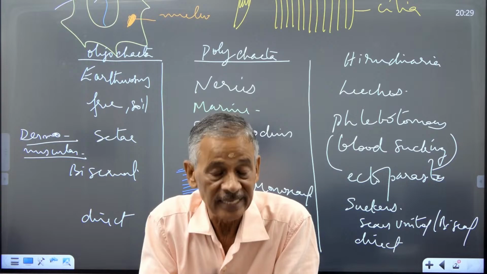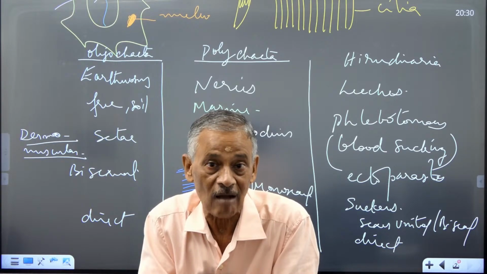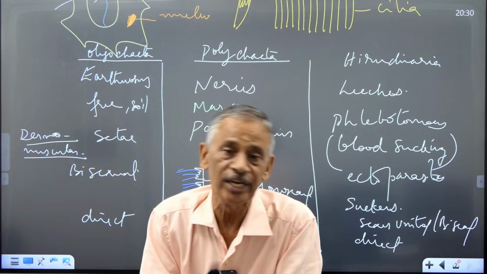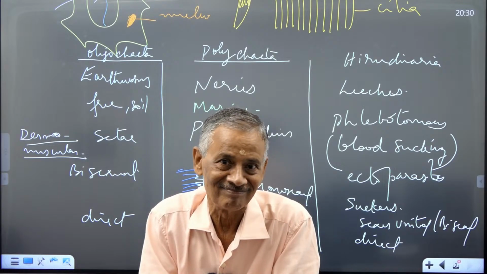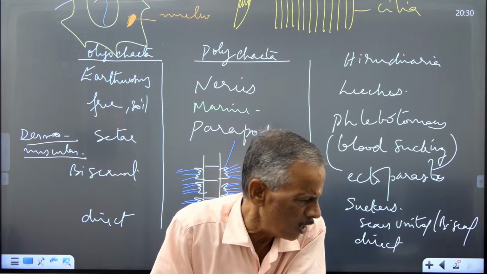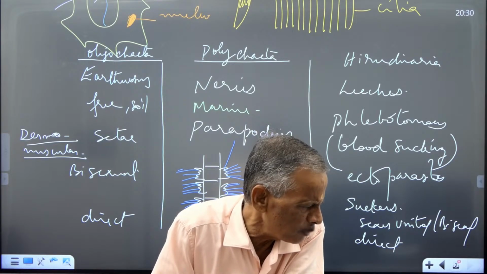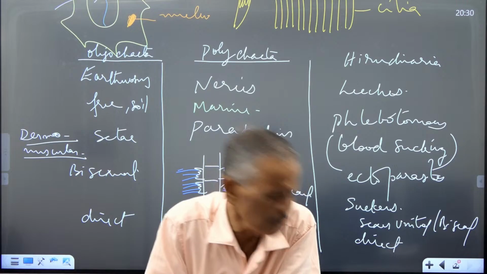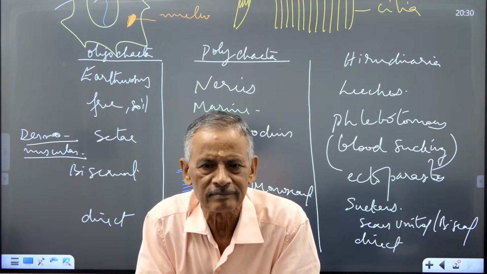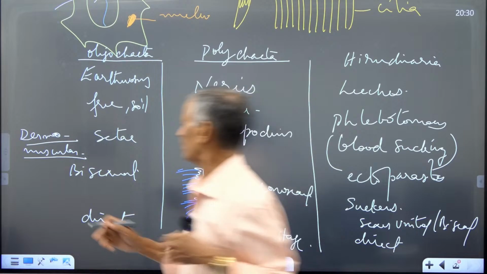And in Annelida, generally, their excretory organs are called nephridia. Parapodia is helping in swimming. Excretory organs are nephridia.